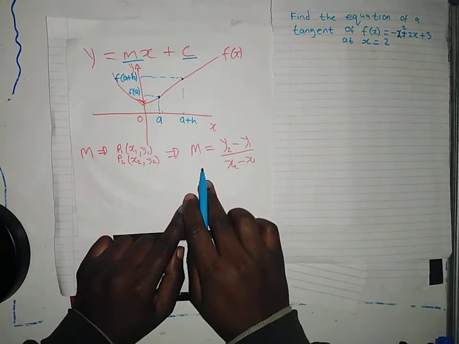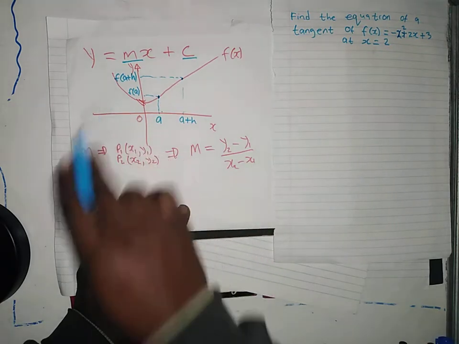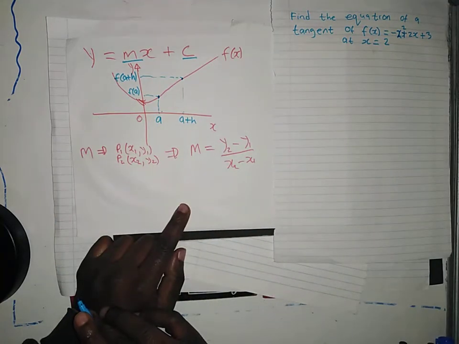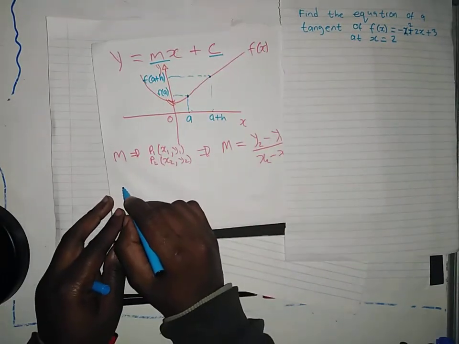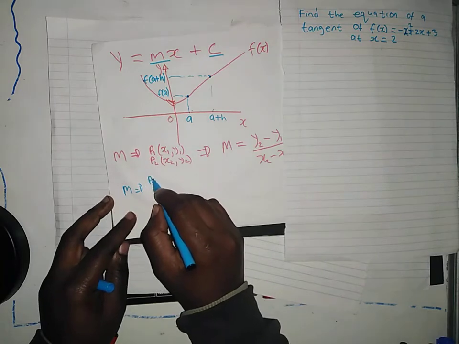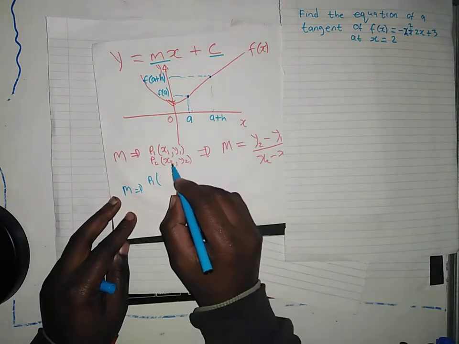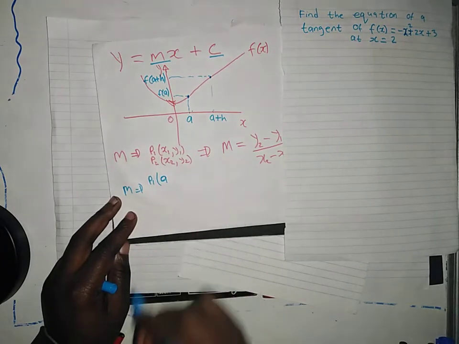When you look at this formula to find a gradient, in this particular case, you're going to have point 1. Your point 1 now is what? The x value there is a. Can you see that?